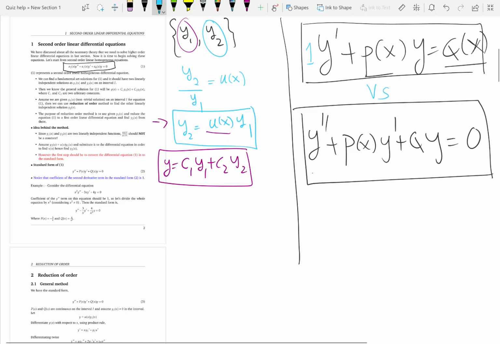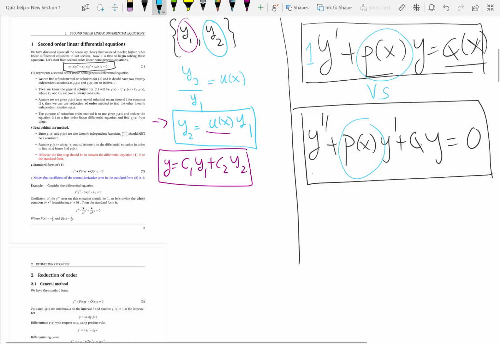This is very crucial, and don't get these two mixed up. In first order linear differential equations, p is the coefficient of y. But in second order differential equations, p is the coefficient of y prime. So notice that, and don't get mixed up.